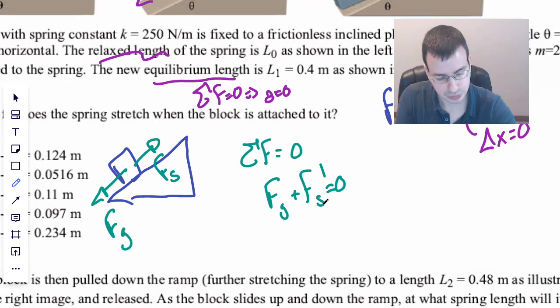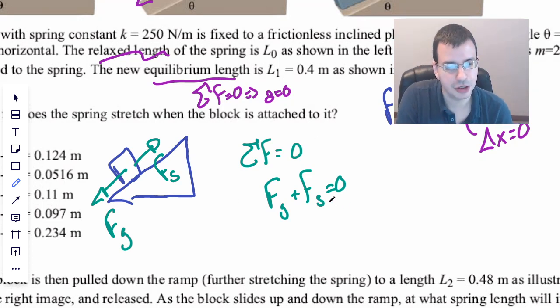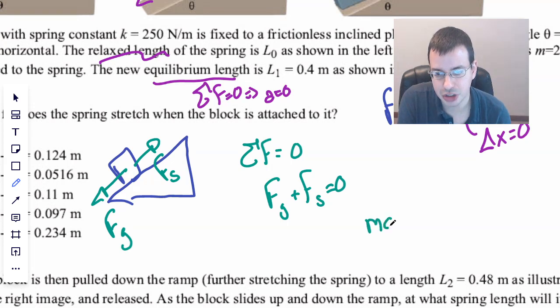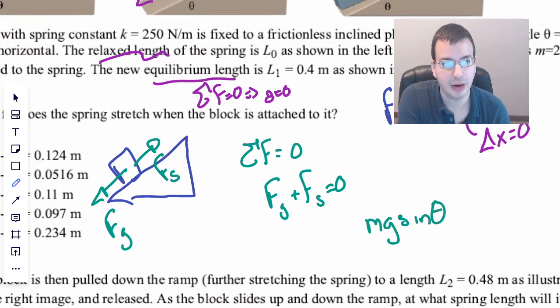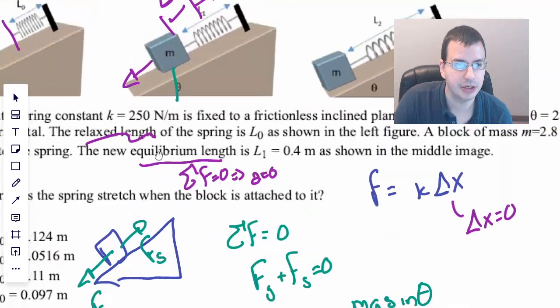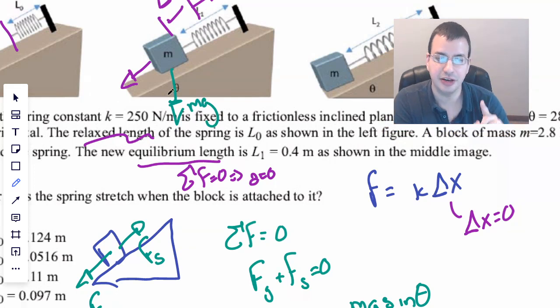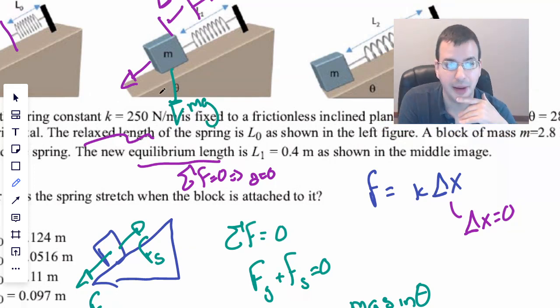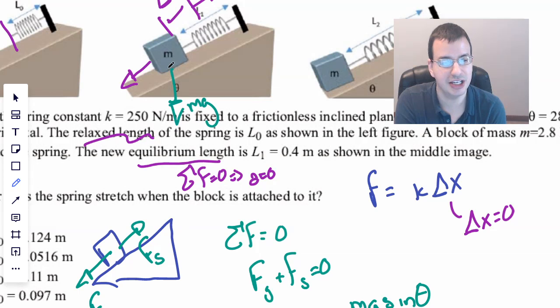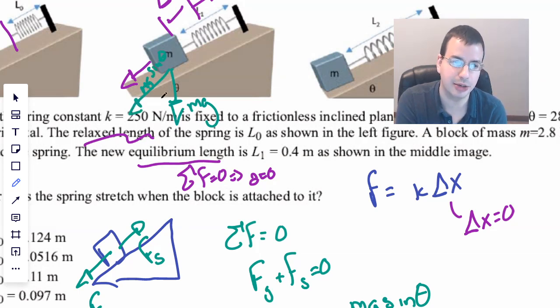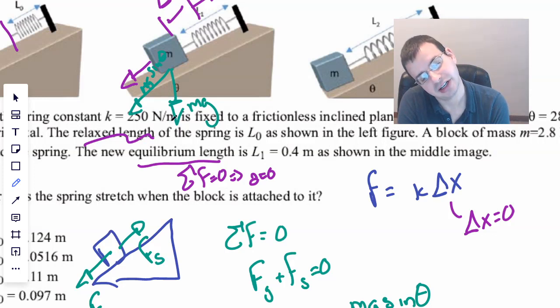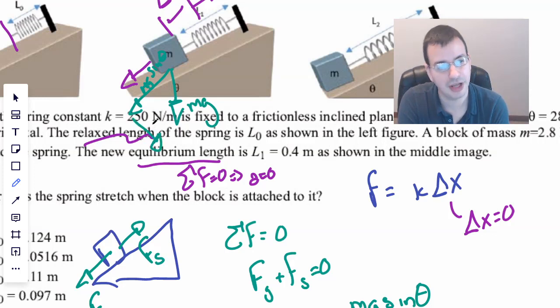And so we can say that the force going down due to gravity is going to be mg sine of theta. So we have the block here, and we're going to have mass times gravity. After we do some geometry, we can decompose this vector. This would be mg sine, and perpendicular to that, we're going to have mg cosine of theta.